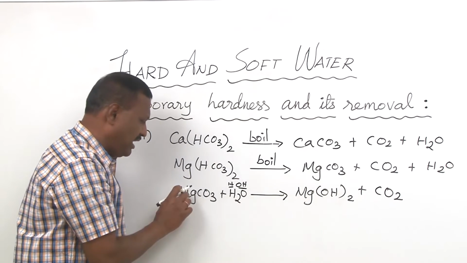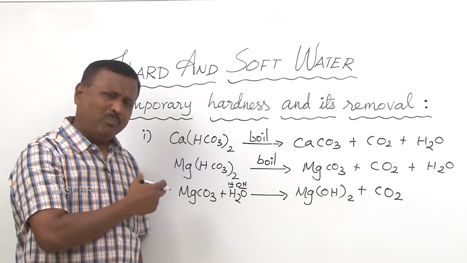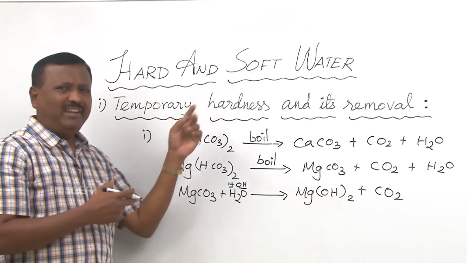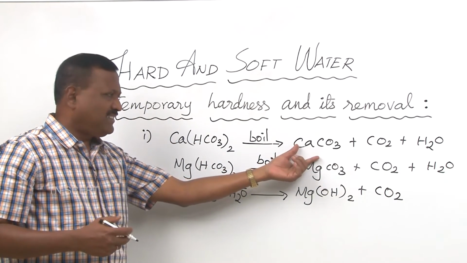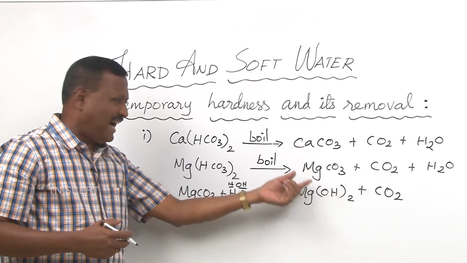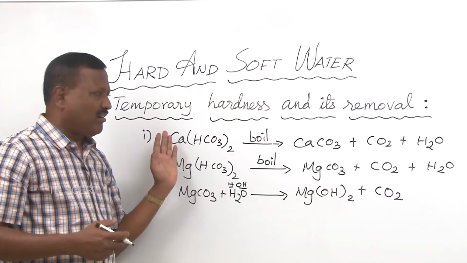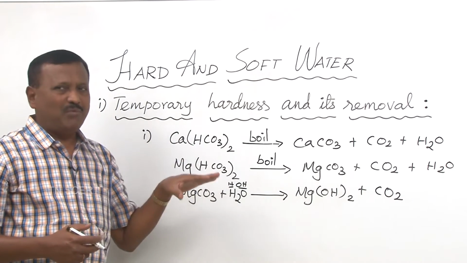That double OH combined with magnesium to form magnesium hydroxide. So, in the boiling of hard water to remove temporary hardness, the bicarbonates form carbonate of calcium or hydroxide of magnesium. After these two are removed from the hard water, we get soft water.